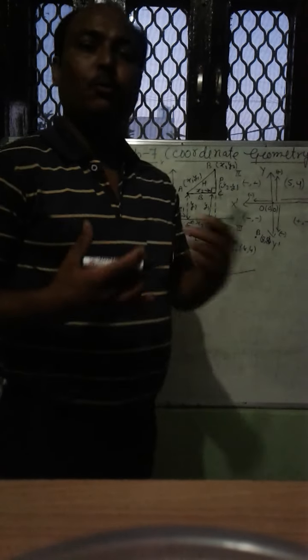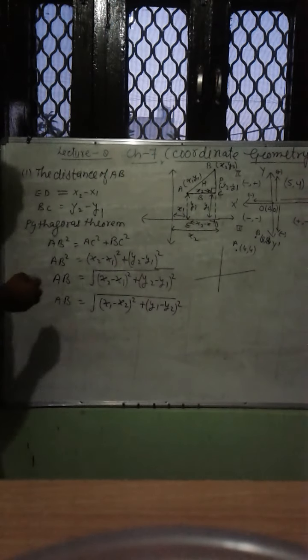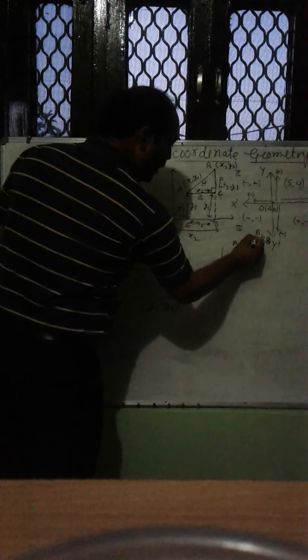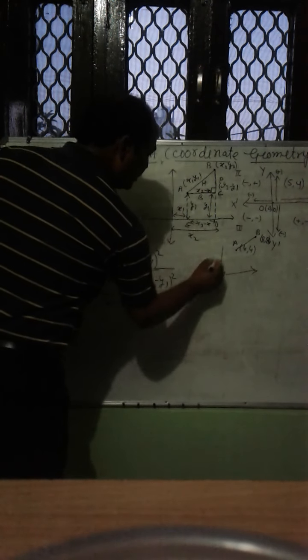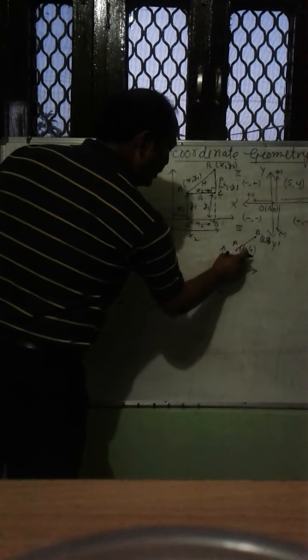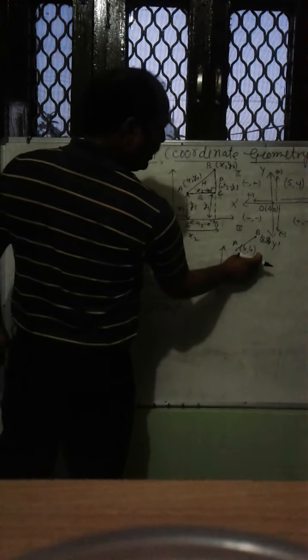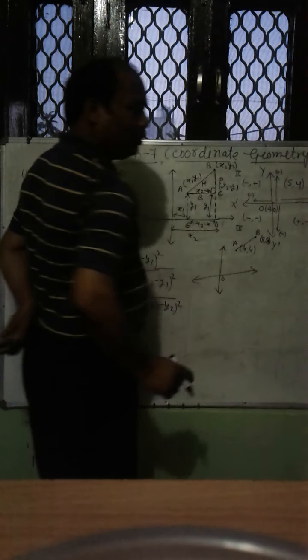Then how do we find the distance between these two points? It means applying this formula here. Suppose this is the origin O, the coordinate of A is 4, 4 and the coordinate of B is 8, 8.